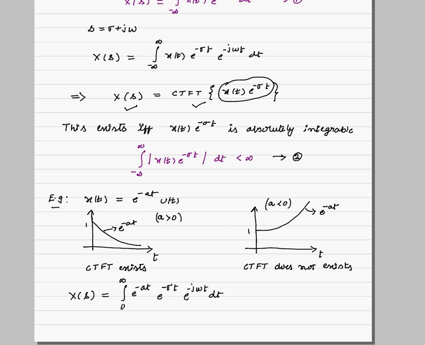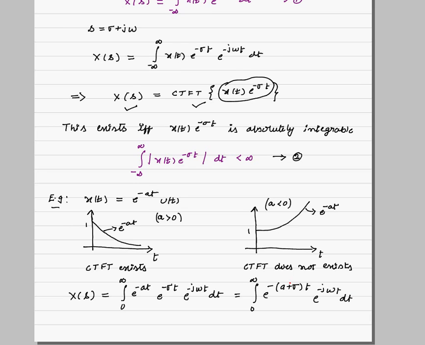Because of the u of t function, which exists only from 0 to infinity. If you write this neatly, it is the integral from 0 to infinity of e power minus of a plus sigma t into e power minus j omega t dt.